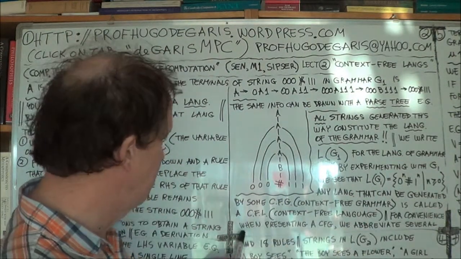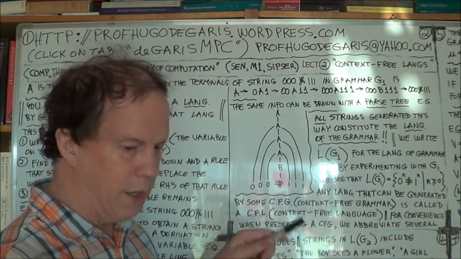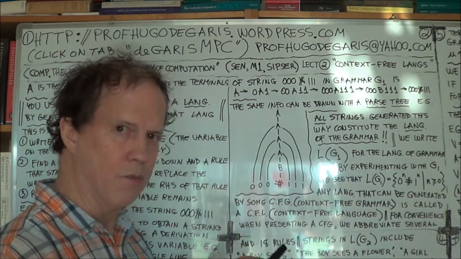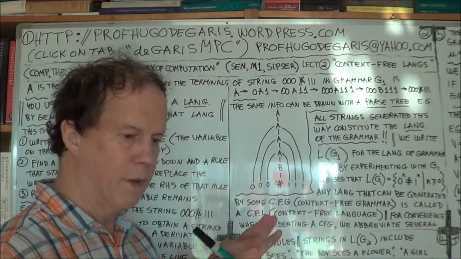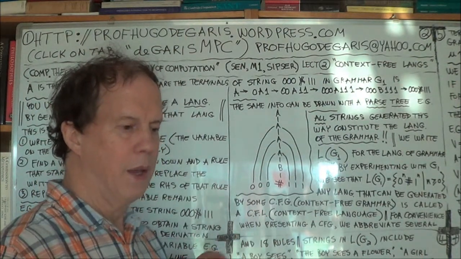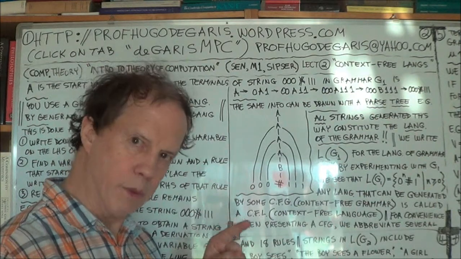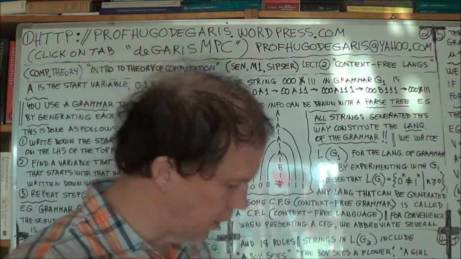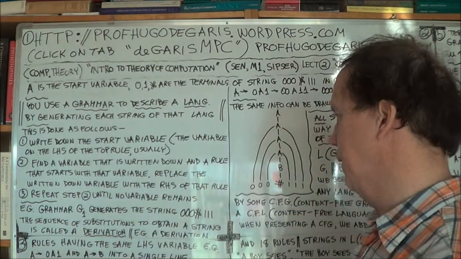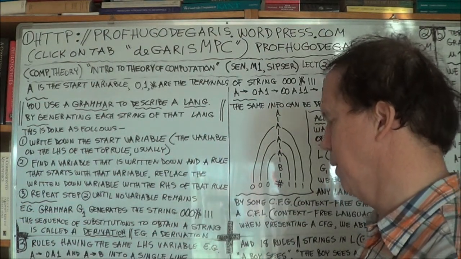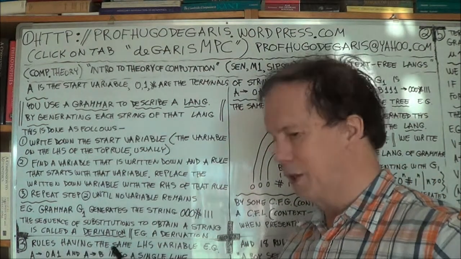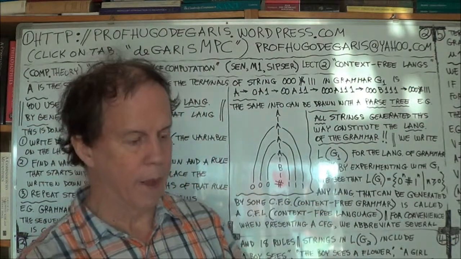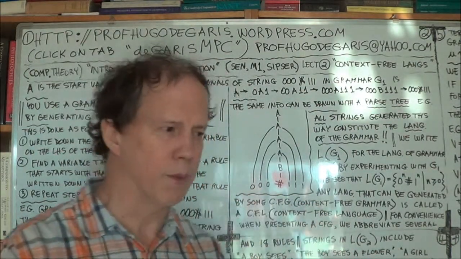Now a few little details. When you're writing out the substitution rules, if you have two rules and the left-hand side variable is the same for those two rules, then you can do the following. I'll do it verbally. I'll give you a really simple example.